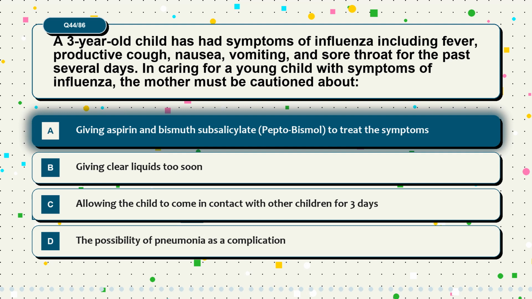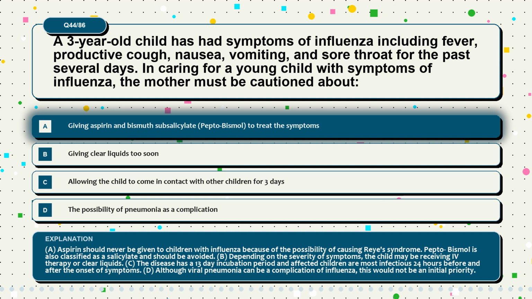The correct answer is option A. Giving aspirin and bismuth subsalicylate Pepto-Bismol to treat the symptoms. Aspirin should never be given to children with influenza because of the possibility of causing Reye's syndrome. Pepto-Bismol is also classified as a salicylate and should be avoided.